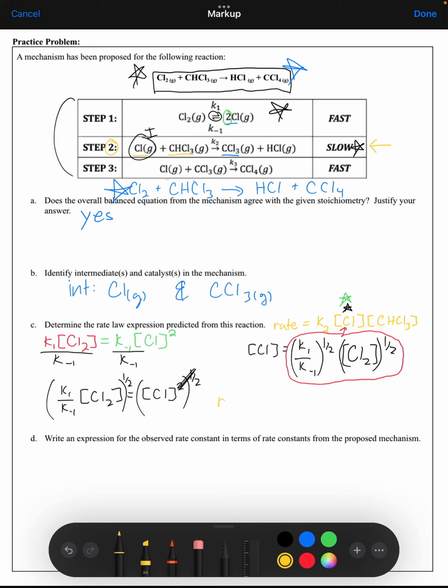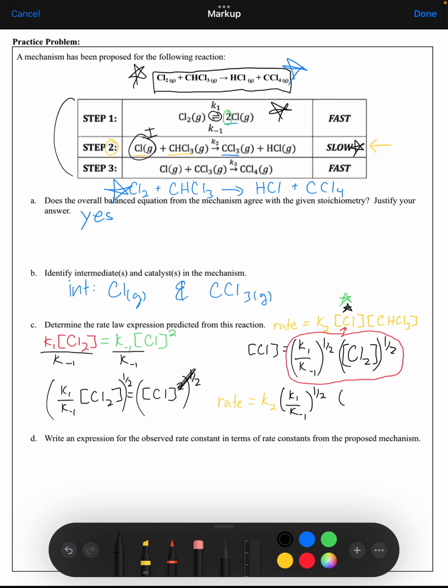So I get that my rate is equal to K2, and then I'm going to put the rest of my K values in there. And then I have the rest of this substituted in expression.